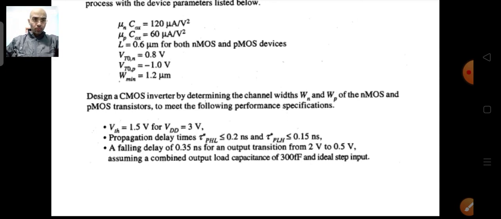Here in this problem we want the fall time of 0.35 nanoseconds when the output transits from 2 volts to 0.5 volts. So that is important. This doesn't satisfy the 90% and 10% condition.